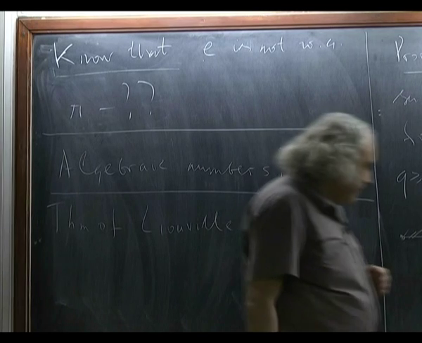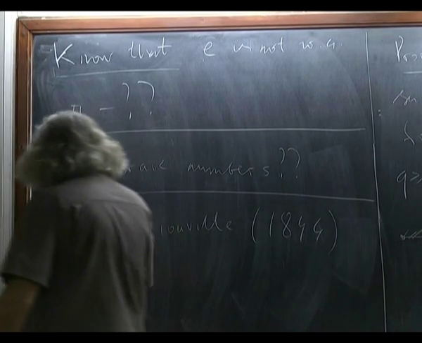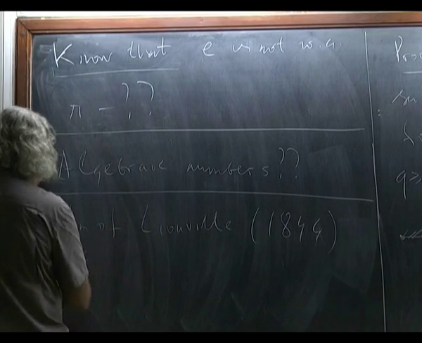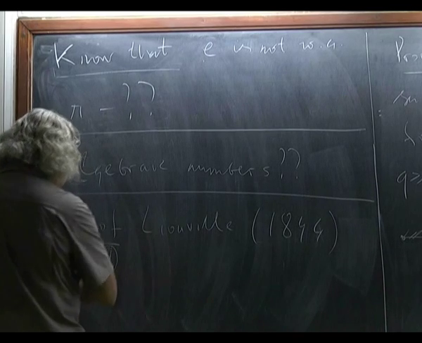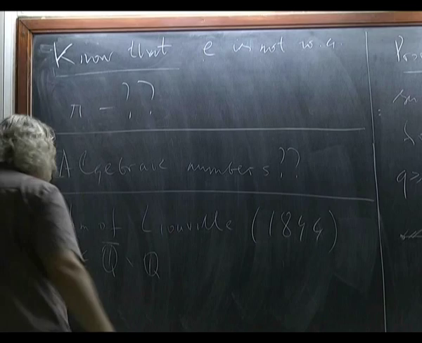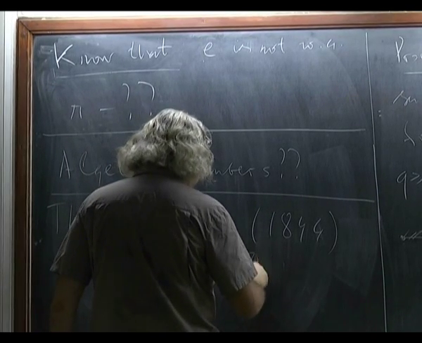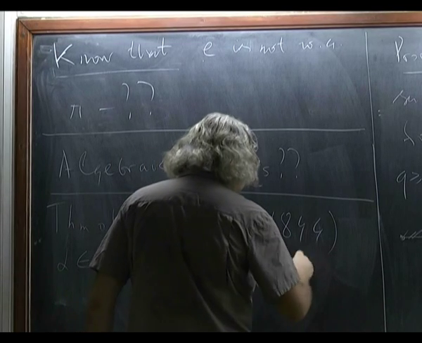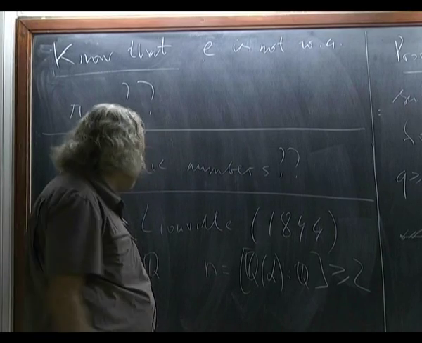So the theorem of Liouville is the following. Assume that alpha is an algebraic number, in Q bar but not in Q, an irrational algebraic number, and denote by n its degree. So the degree is at least 2, because it is irrational.